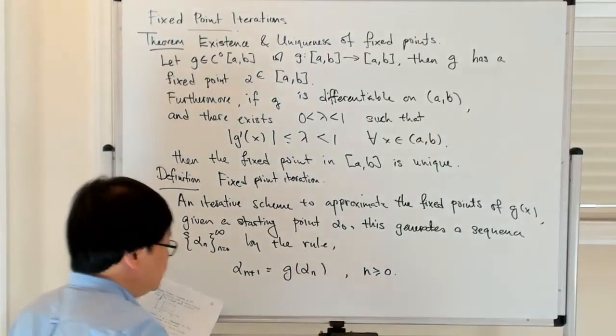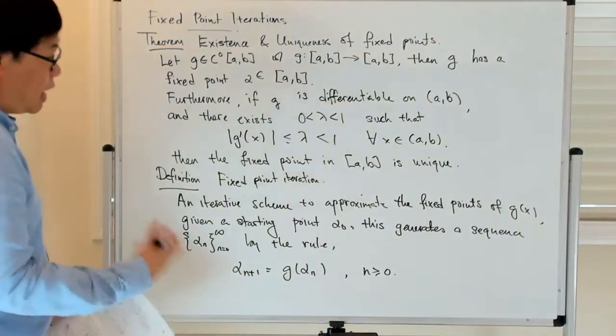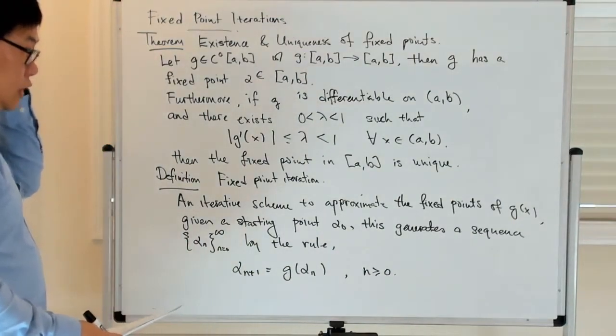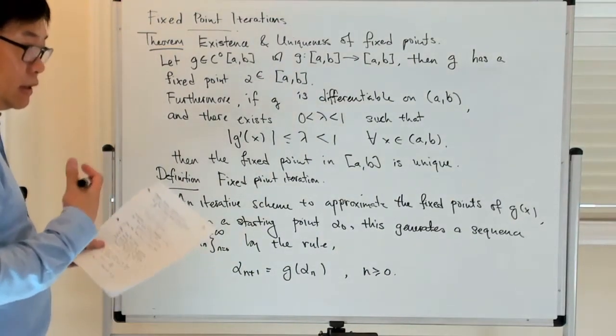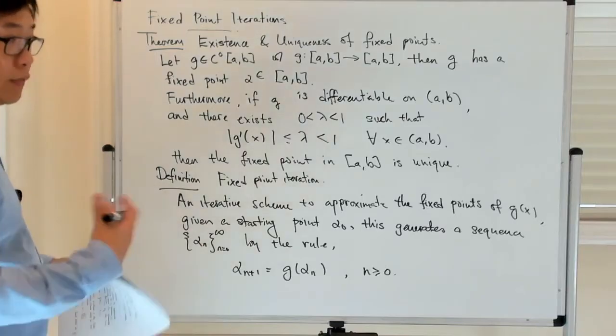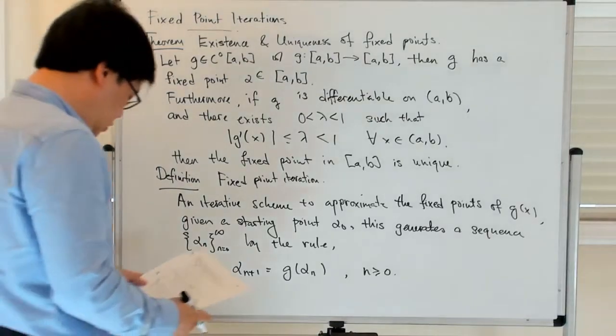So the basic idea is that you generate this sequence by repeatedly applying this map g, and as you might expect, if this sequence of iterates converges, it converges to a fixed point of g.